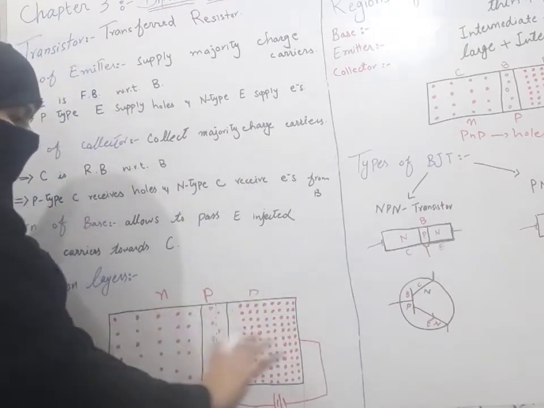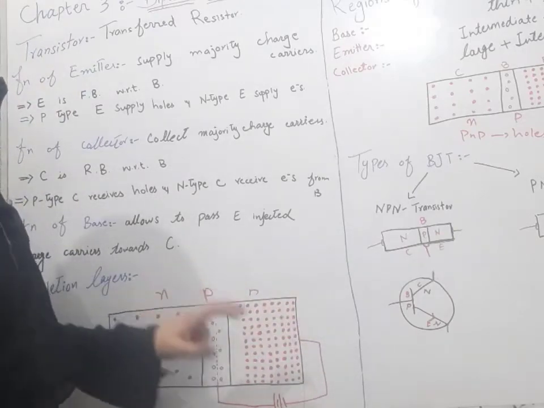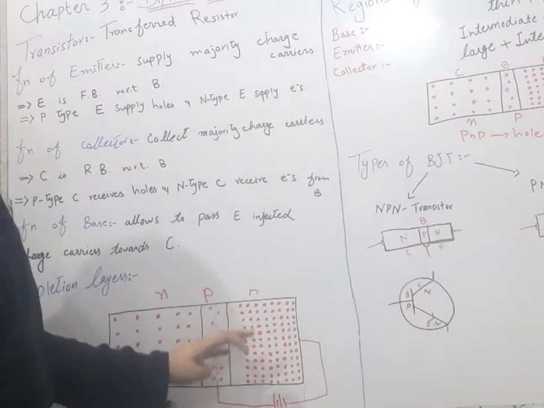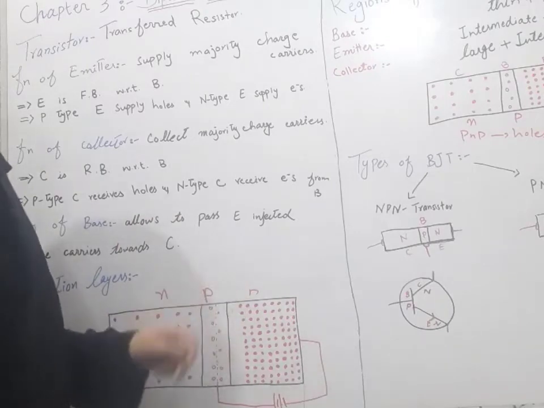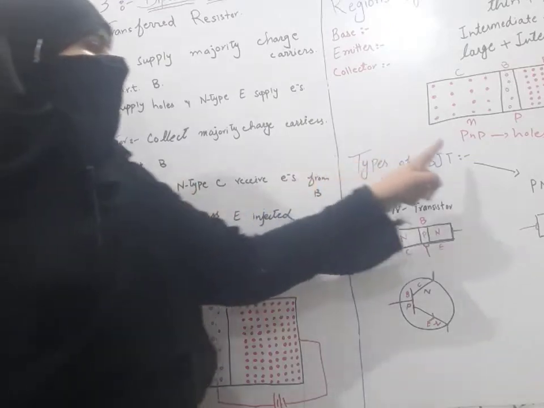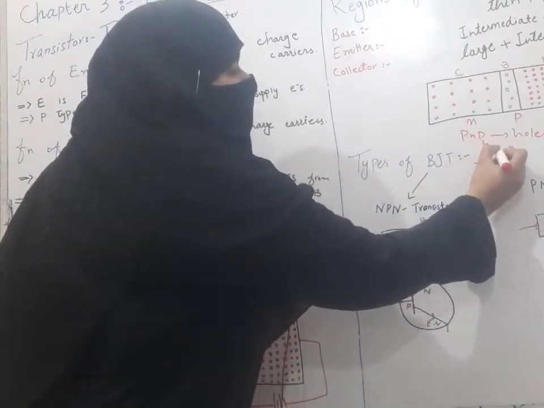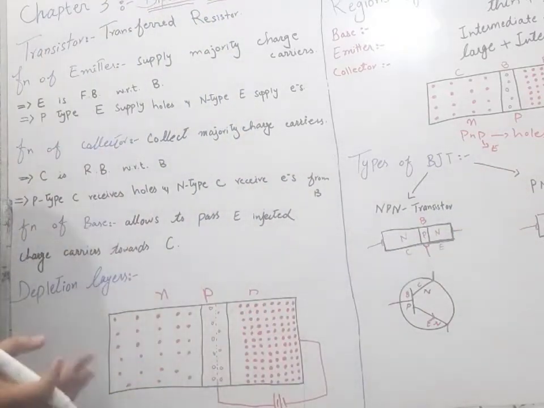This is our NPN transistor, and this is the n-type emitter. So the n-type emitter will supply electrons, as in an n-type emitter electrons are the majority charge carriers, and the p-type emitter will supply holes.